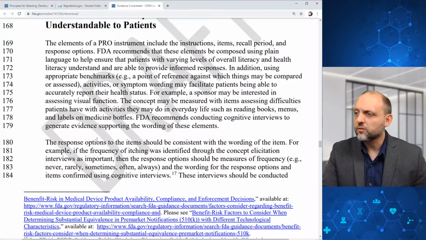The response options to the items should be consistent with the wording of the item. For example, if the frequency of itching was identified through the concept elicitation interviews as important, then the response options should be measures of frequency, such as never, rarely, sometimes, often, always, and the wording for the response options and items confirmed using cognitive interviews.